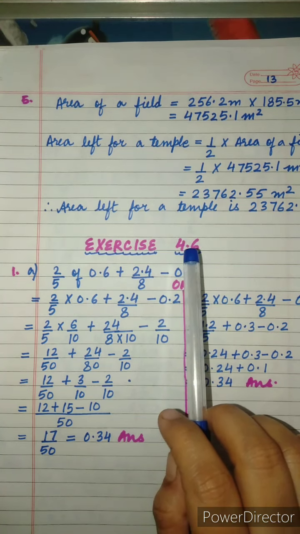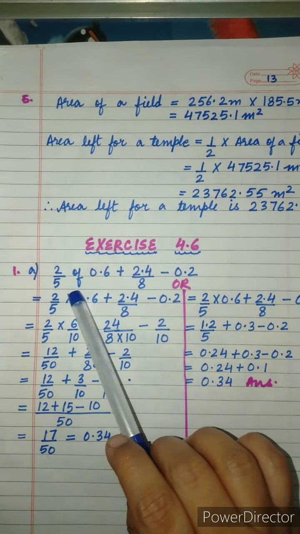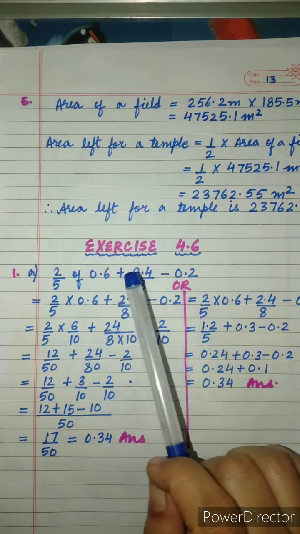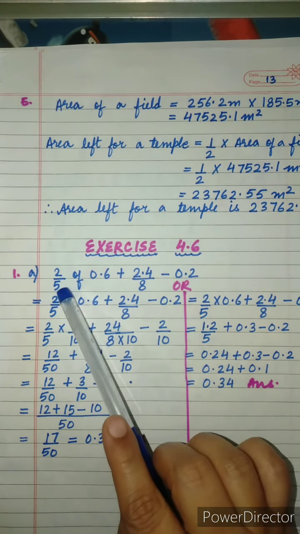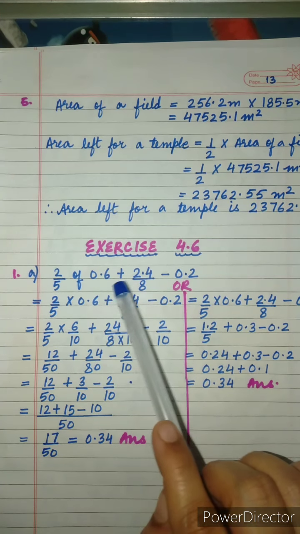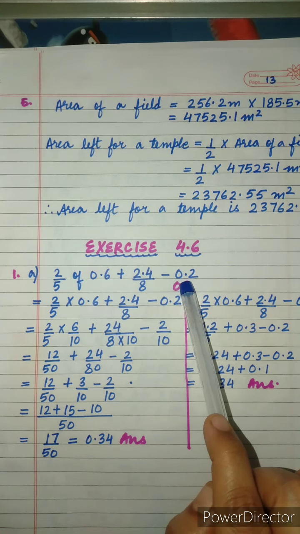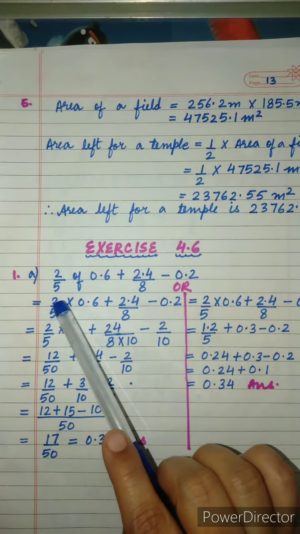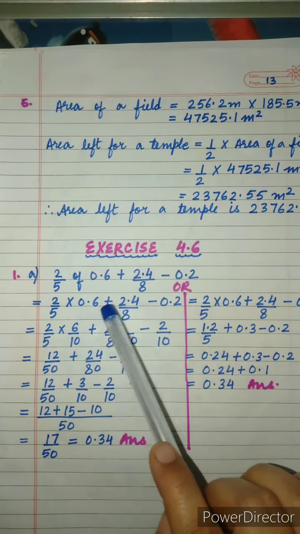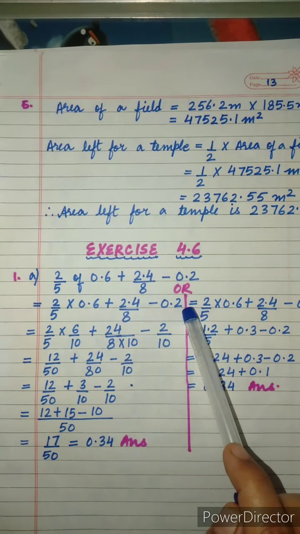Now exercise 4.6, this exercise is of simplification. While simplifying we always use BODMAS, so here also we are going to apply the same. We have 2 upon 5 of 0.6 plus 2.4 upon 8 minus 0.2. Of means multiplication, so we are writing 2 upon 5 into 0.6 plus 2.4 upon 8 minus 0.2.